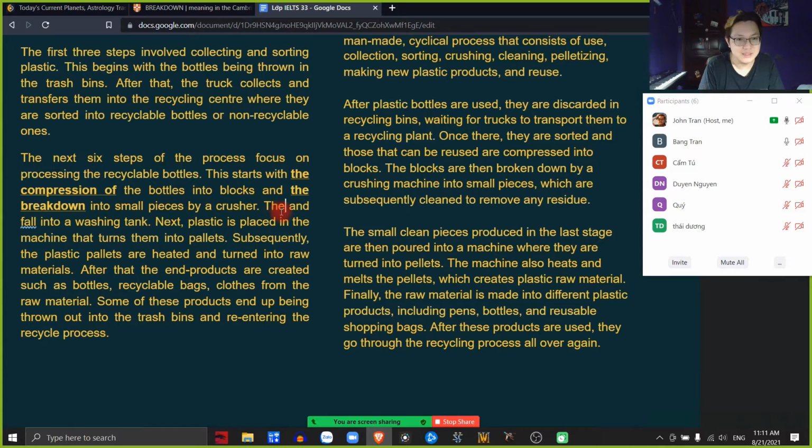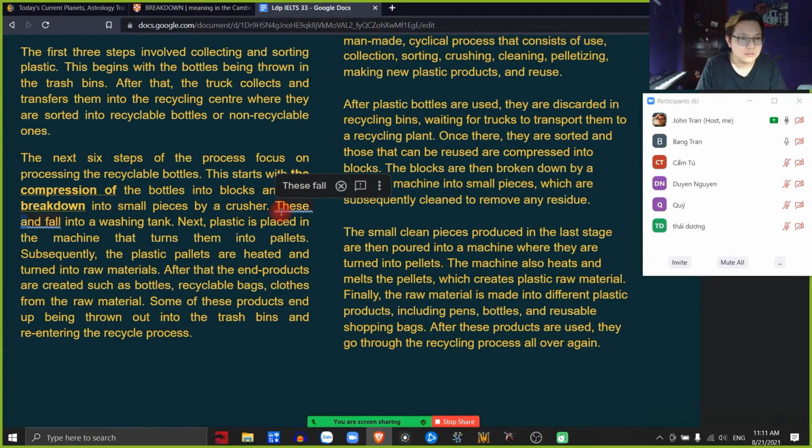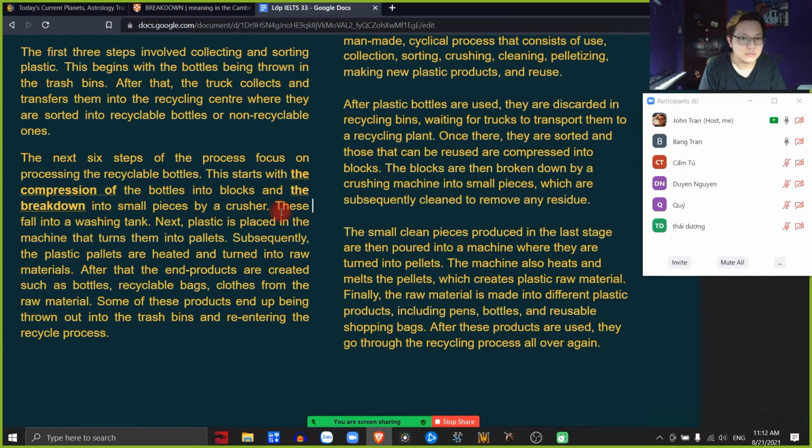Small pieces thì là these are, these fall into a washing tank. These fall into a washing tank.